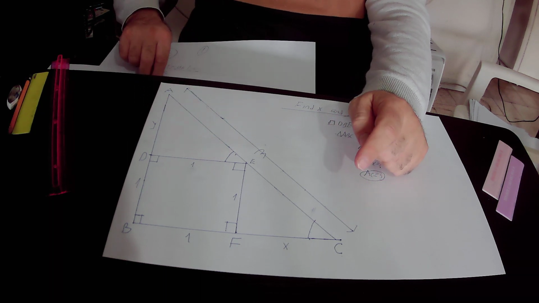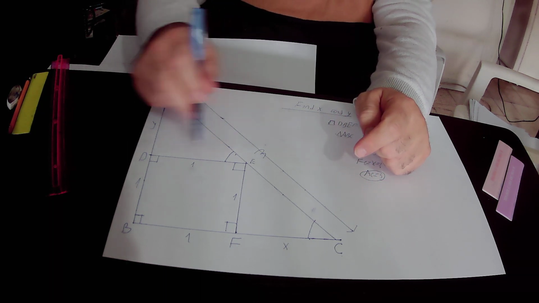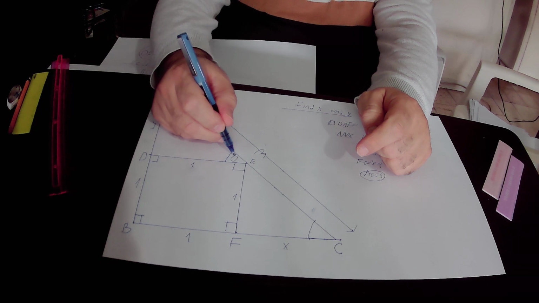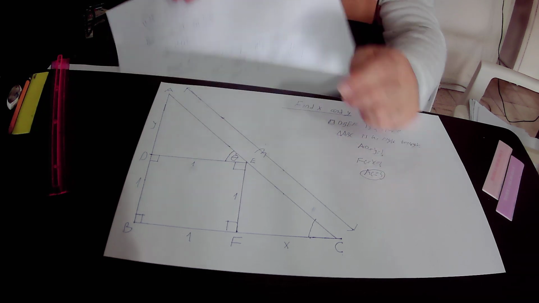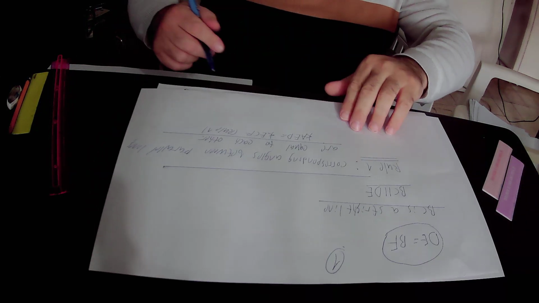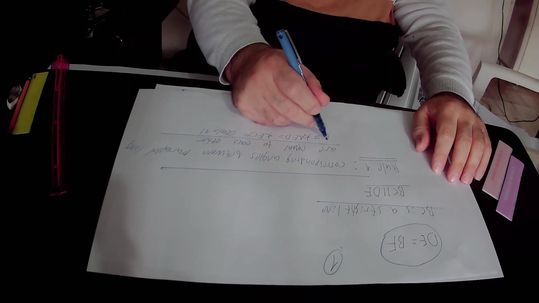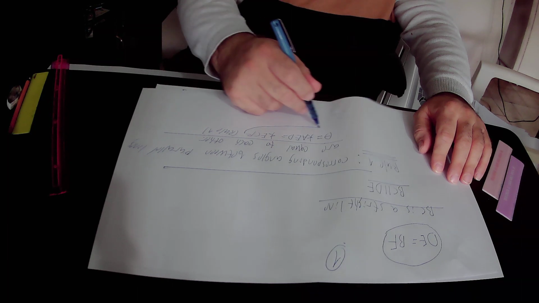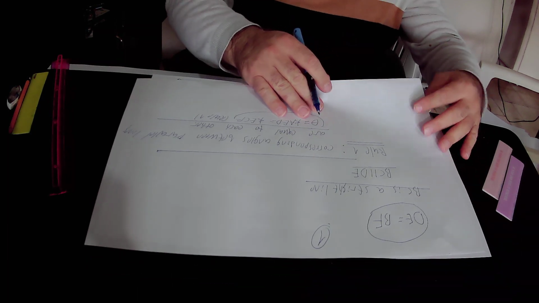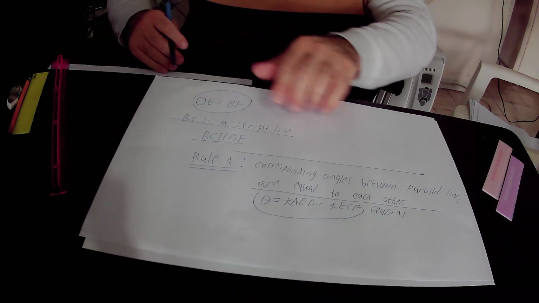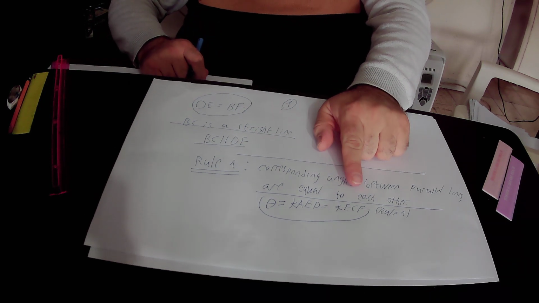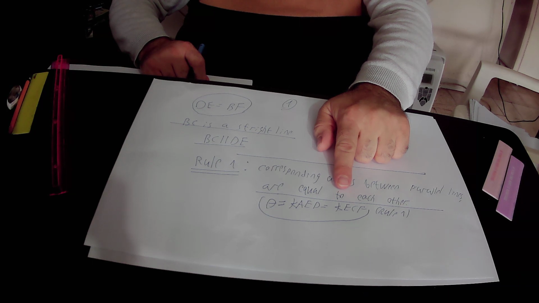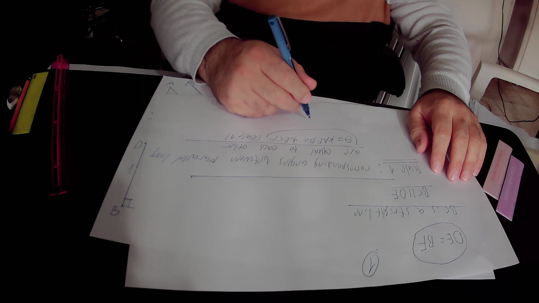And if we define angle AED, this angle, as theta, then you can write here that angle AED equals theta according to our definition. Then from this equation, theta equals angle AED equals angle ECF, we derive that angle ECF also equals theta.